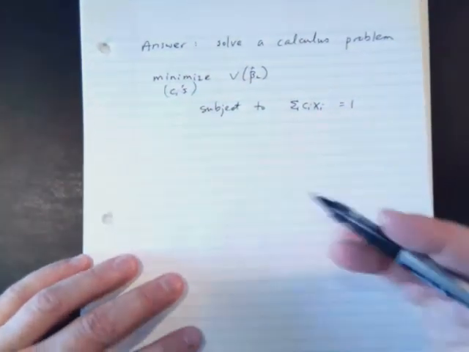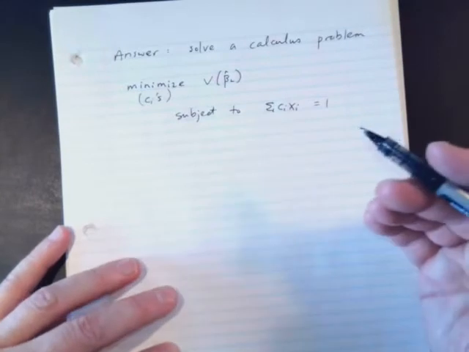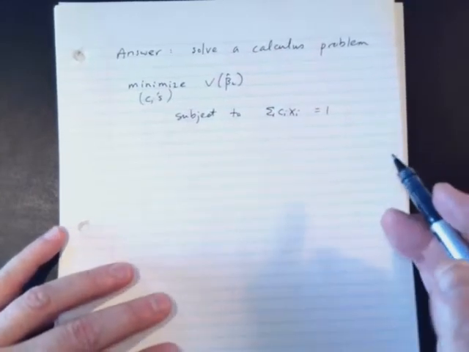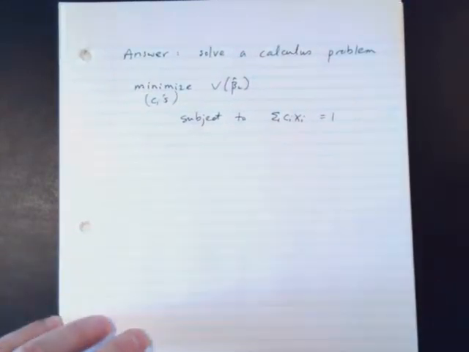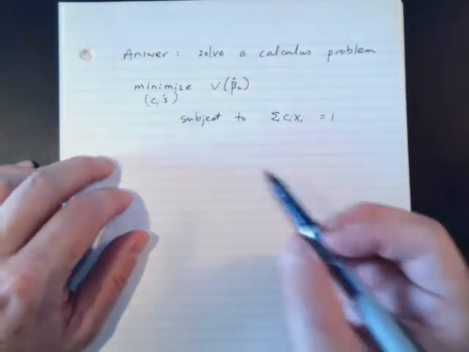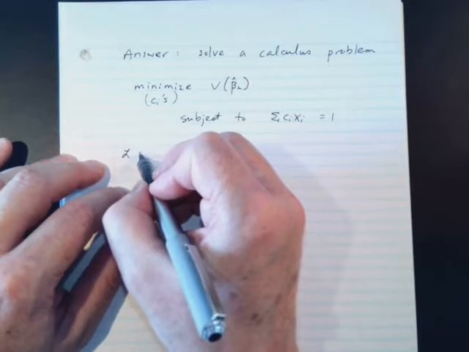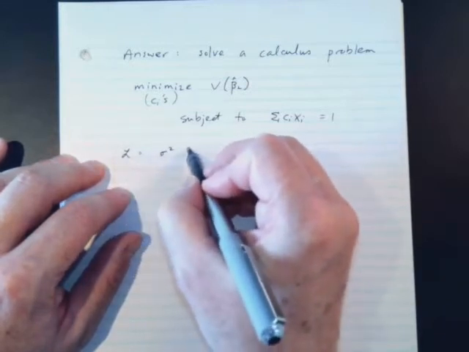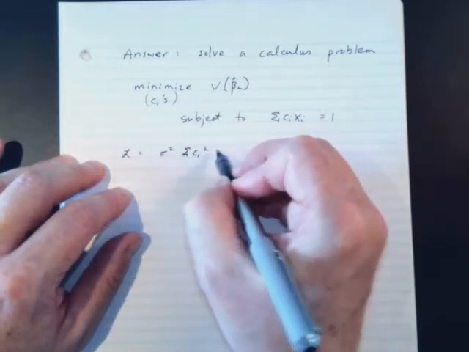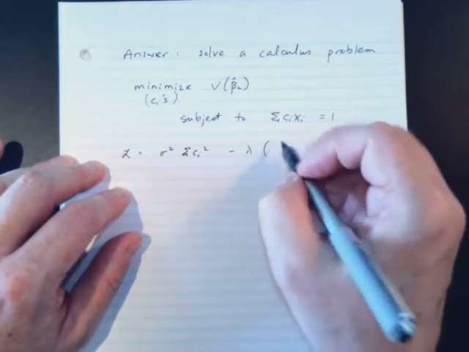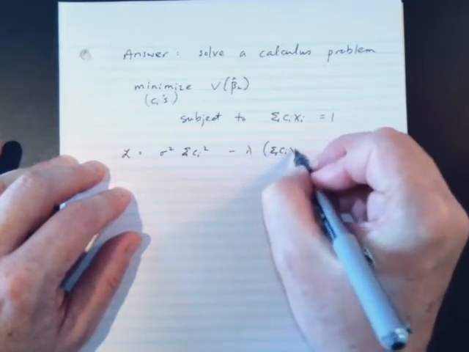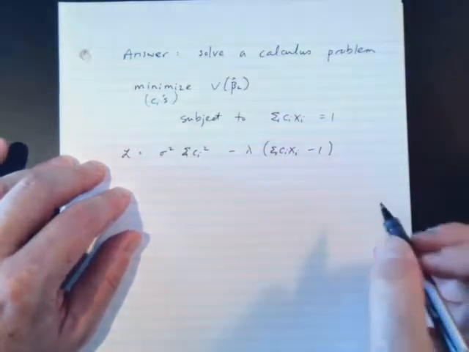All right, now, if you've done math econ, you'll have seen Lagrange multipliers and constrained optimization. The Lagrange function is sigma squared times the sum of Ci squared minus lambda times the sum of Ci xi minus 1.